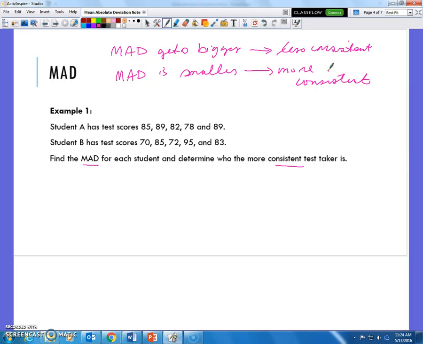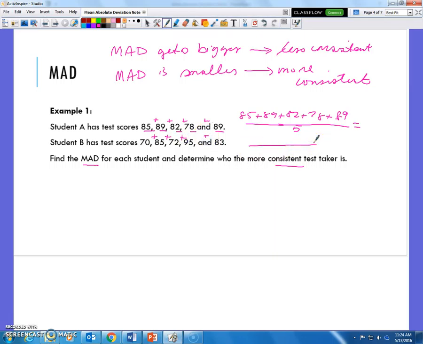First things first, let's find the mean of student A, and remember the mean is the sum of these numbers divided by how many numbers there are. So the sum of 85 plus 89 plus 82 plus 78 plus 89, all divided by 5. That's going to be the mean. I'm going to do the same thing for student B. I'll pause the video to do that calculation.